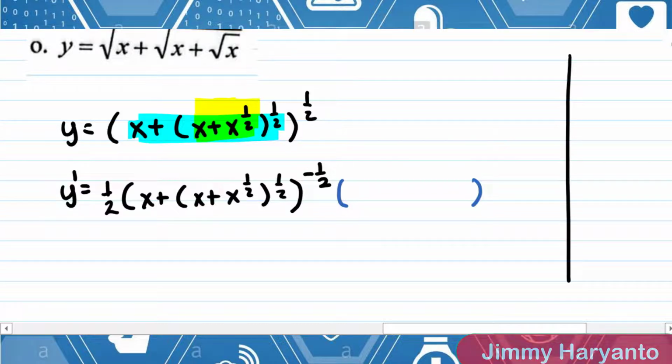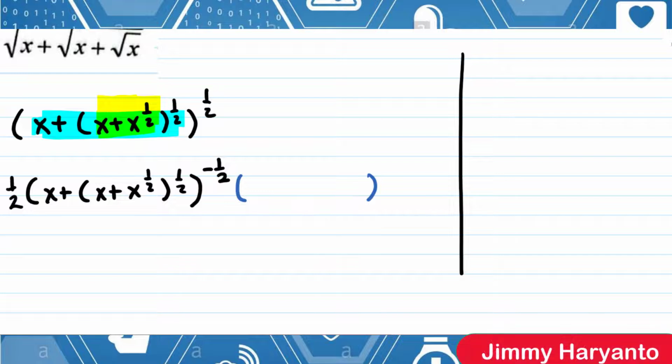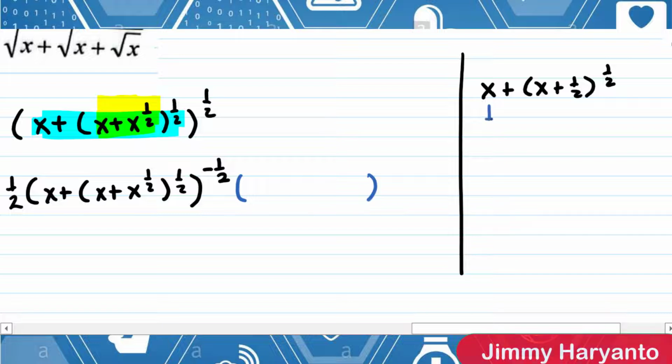So we have to times our result with the differentiation of the blue one. So the blue is x plus x to the power of half. So the differentiation of this one is 1, and then plus this one, use chain rule one more time.